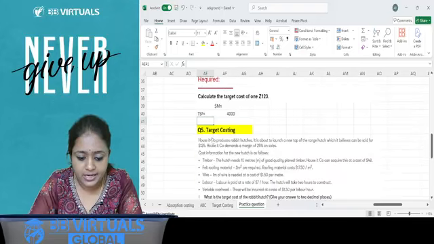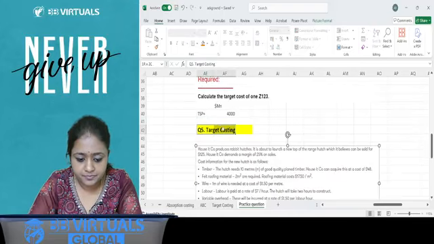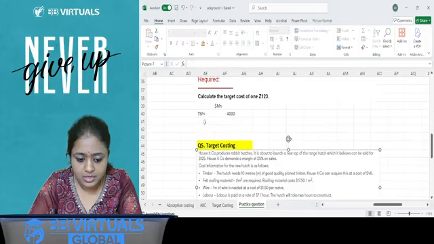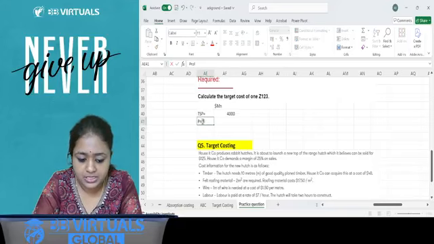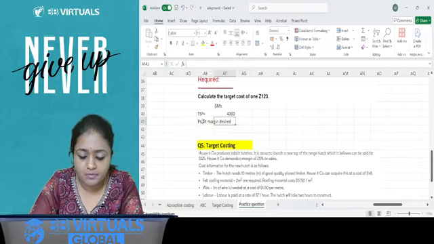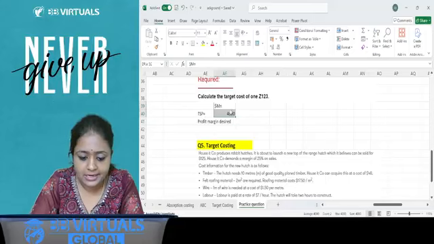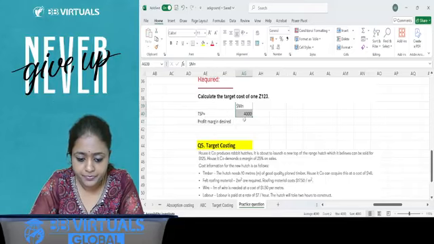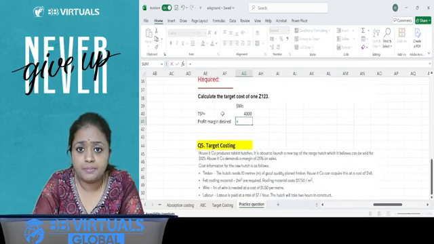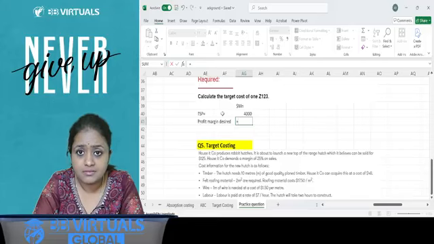Now let's calculate what is the profit margin desired. We have just calculated it. It's 3 billion multiplied by 20%.